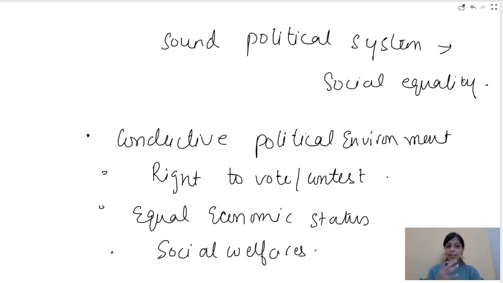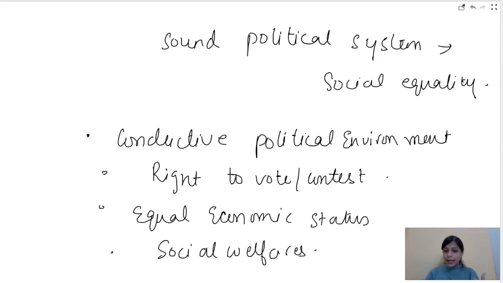Number one, it provides a sound political system that is based on social equality. Then it provides a conducive environment so that citizens have active participation in the system. Then every citizen has a right to vote or maybe contest elections. It stands for equal economic status for all the citizens.